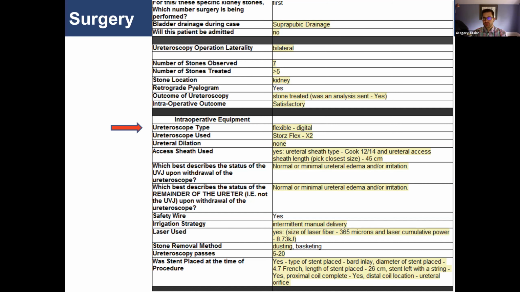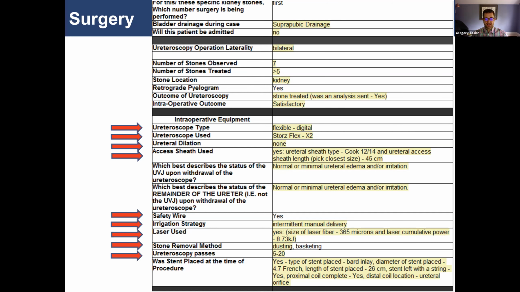So it includes the type of equipment, the type of ureteroscope, whether or not an ancillary device called an access sheath was used, whether a particular type of wire, which is designed to provide additional safety, was used, the irrigant used, and the important laser type and the method of lasering used to remove the stones, all of which could very much affect the outcome.